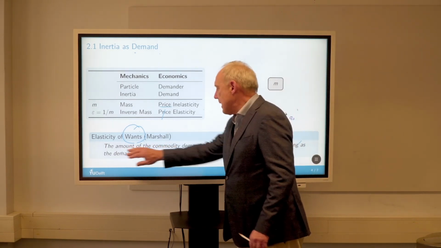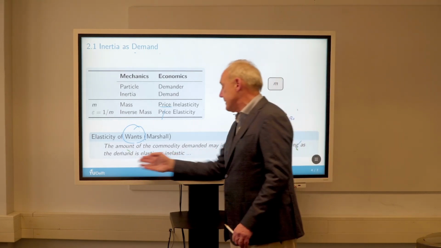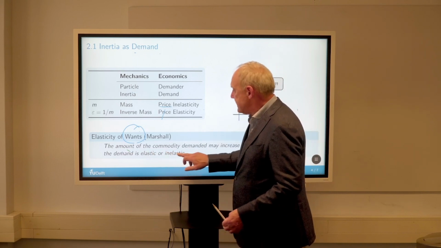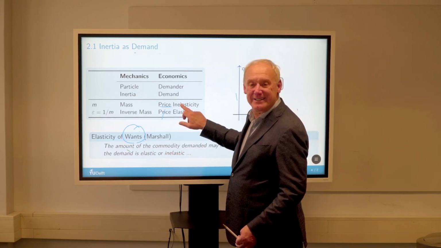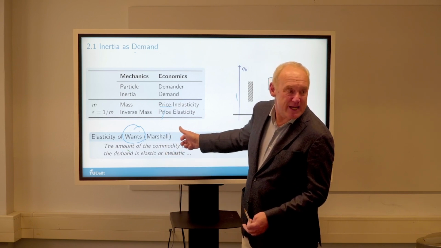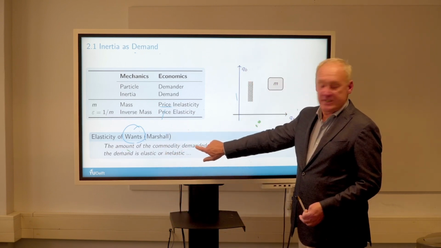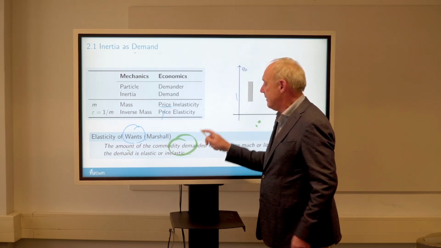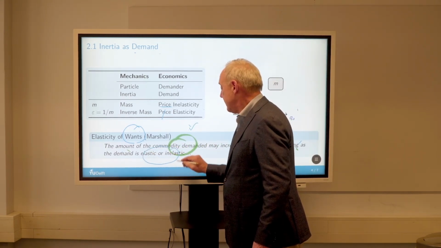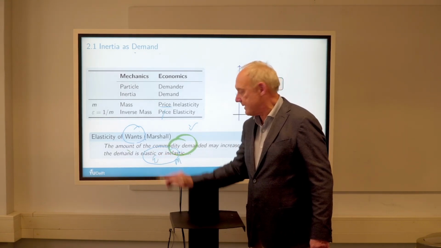What he's saying: the amount of the commodity demanded may increase much or little according as demand is elastic or inelastic. So you see this idea that elastic and inelastic things are similar to mass, because that's the change of the motion. This will be the velocity. This will be the mass. Okay, this will be inverse mass.